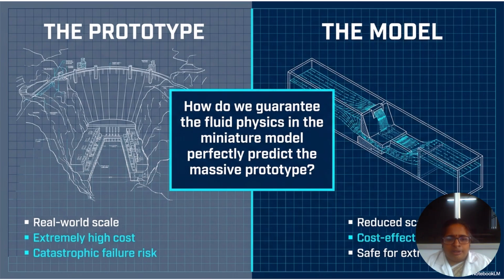We can see the difference between the two terms, the prototype and the model. A prototype is of real world scale and massive in size, which requires high cost, is time consuming, and also leads to catastrophic failure risk, whereas a model is a reduced scale of the prototype, and it is very cost effective and safe for testing.